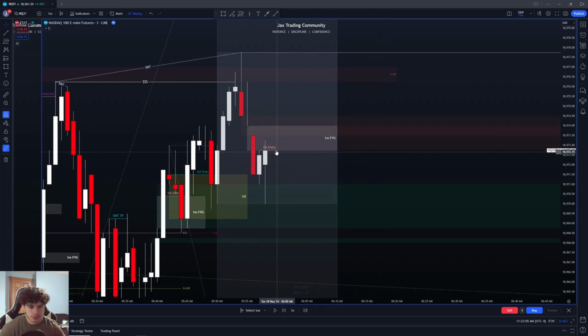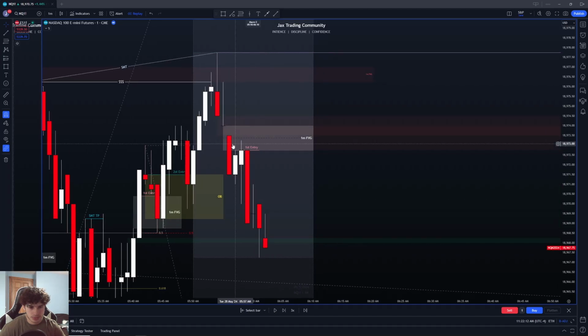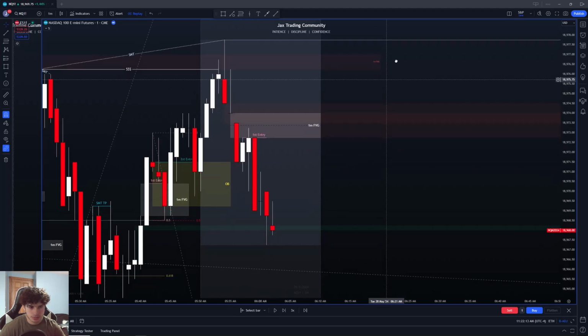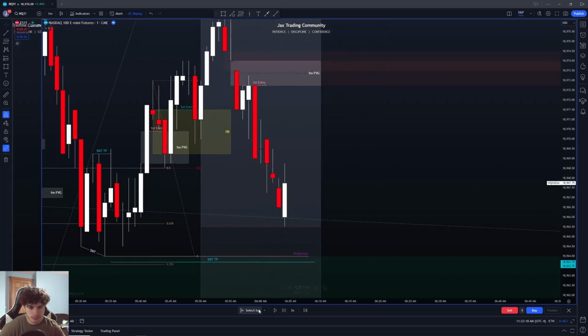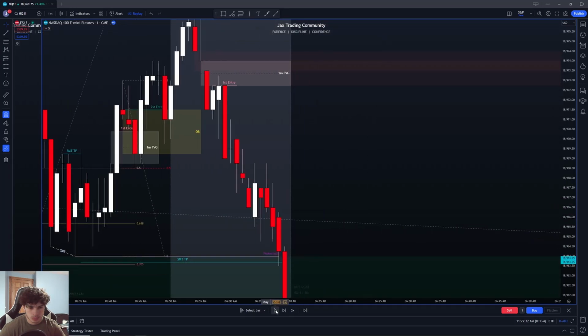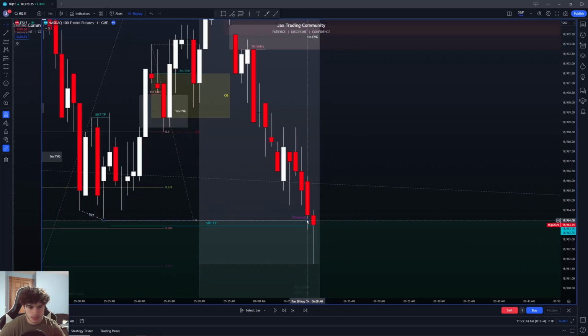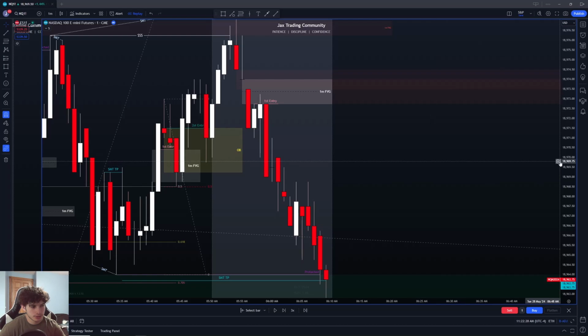So we can mark first entry here. Get some displacement down. This order block could be second entry if we come up to it. But right here, we take out the low here. There's no opportunity for a second entry.